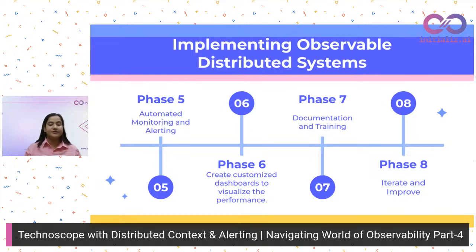If you create customized dashboards to visualize the performance and health of your distributed systems, you can identify trends, anomalies, and potential issues. Of course, tools like Grafana or Kibana are commonly used, and we are familiar with them. Again, we'll go through it today, so don't worry.